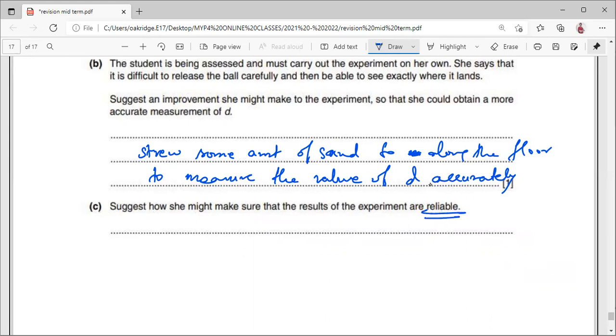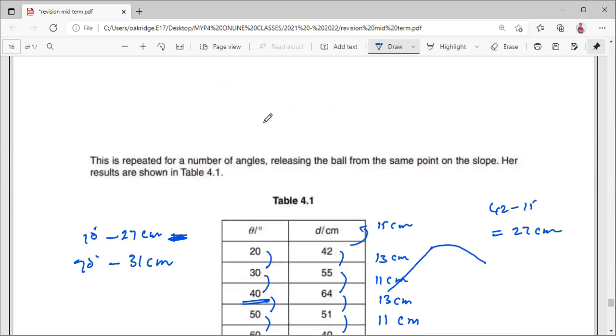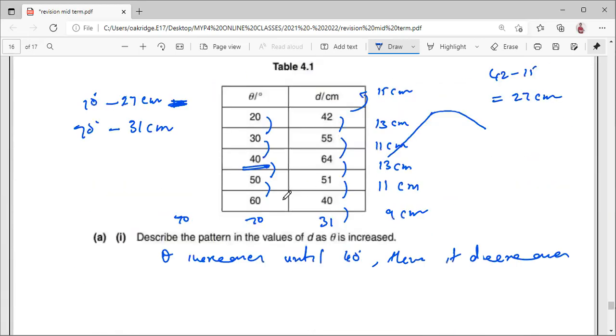When this keyword is used, say that you conduct the experiments multiple times, or trials should be present. See, in this case, she has done it only for one trial over here. So this should be multiple trials. For theta equal to 20, D1, D2, D3. Then take the average of it. That's one thing which you need to do.